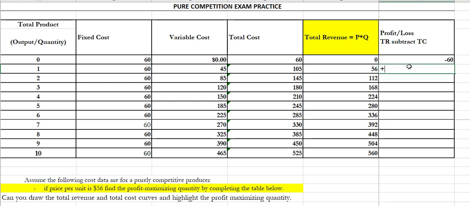Well, it will be the 56 and you subtract the 105. You're still losing money. Yeah? Let's keep going. You get it? Oh, by the time you get to 4, you're getting in the positive. There we go. I will fill them all out.